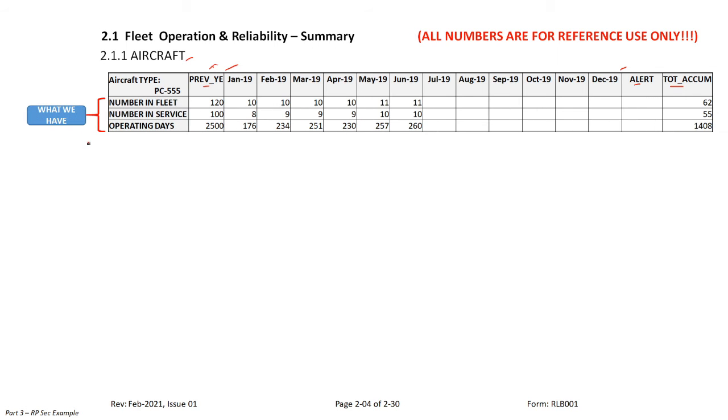First part, we have to describe what we have. Item number 1: aircraft number in fleet, number in service, operating days information.